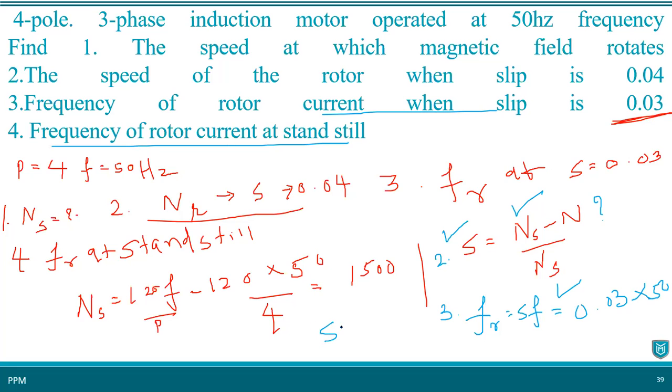First of all, you have to find the slip: S is equal to (Ns minus N) upon Ns. So at standstill, N will be 0, so slip will be 1. So at standstill, Fr is equal to F. Is it clear to all of you? Did you get the answer?